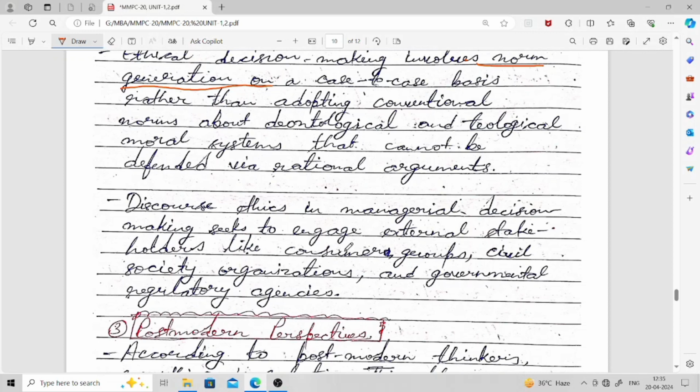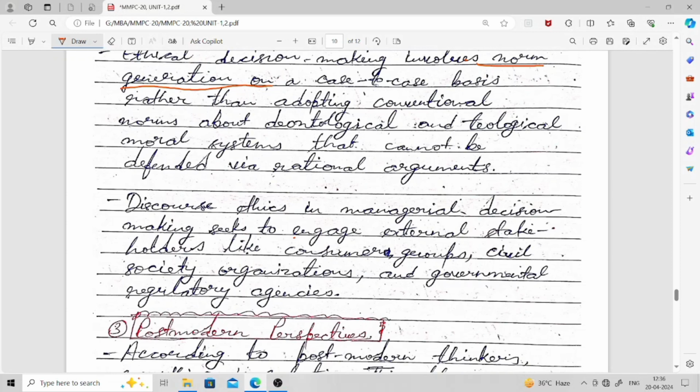It means that by combining all these different groups, we can create a norm, and on the basis of that norm, managerial decisions should be taken.